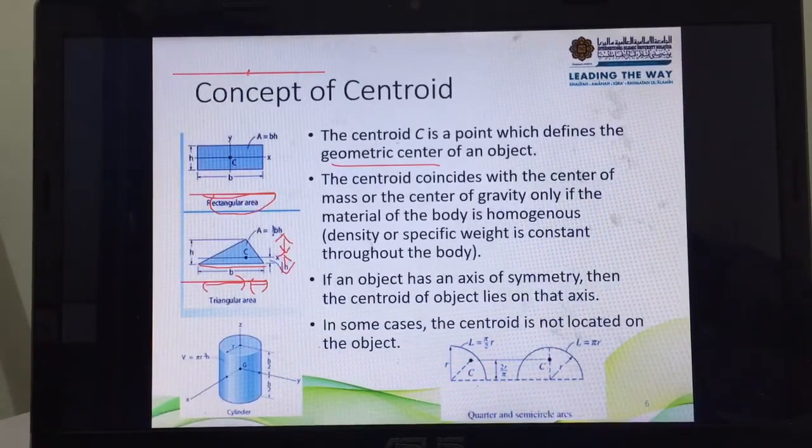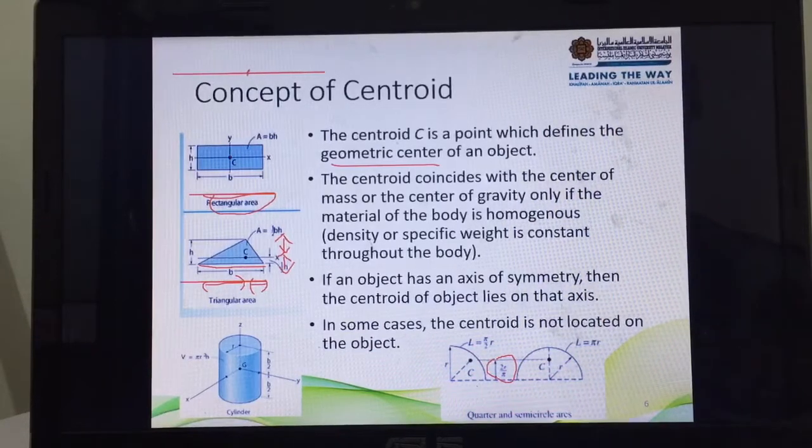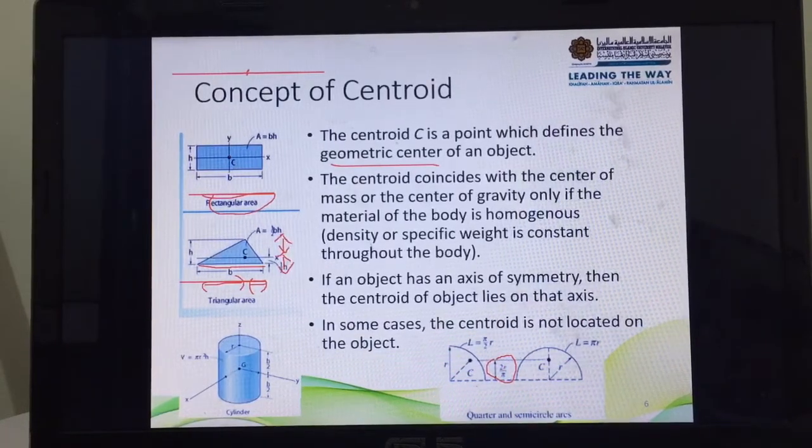For a cylinder, it will be in the middle, simple as that. And for quarter and semicircle arcs, you can find it like this: 2r over pi. For a clearer picture, you can go back to the textbook. That is the centroid of the semicircle or quarter circle.